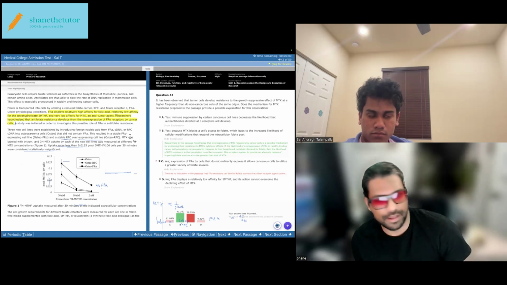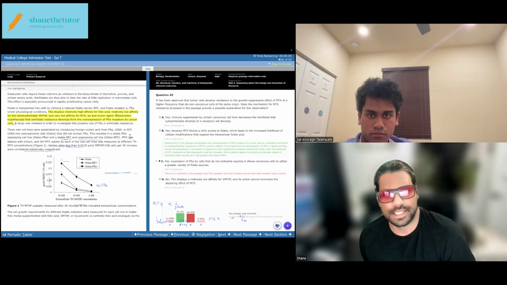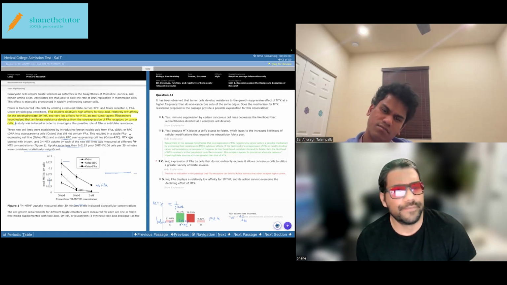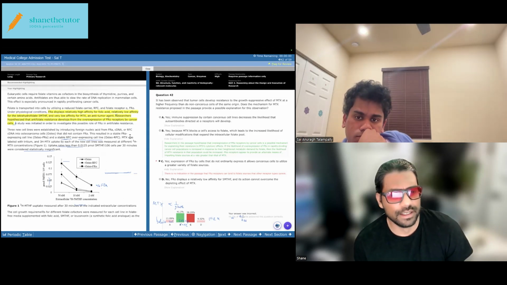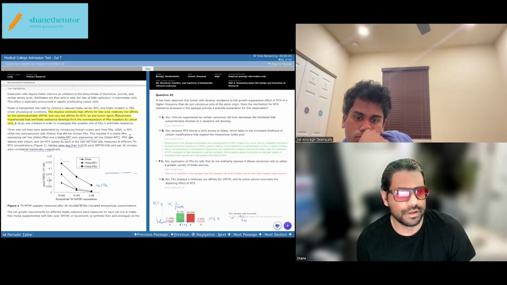So yes, because MTX blocks a cell's access to folate, which leads to the increased likelihood of cellular modifications that expand the intracellular folate pool.